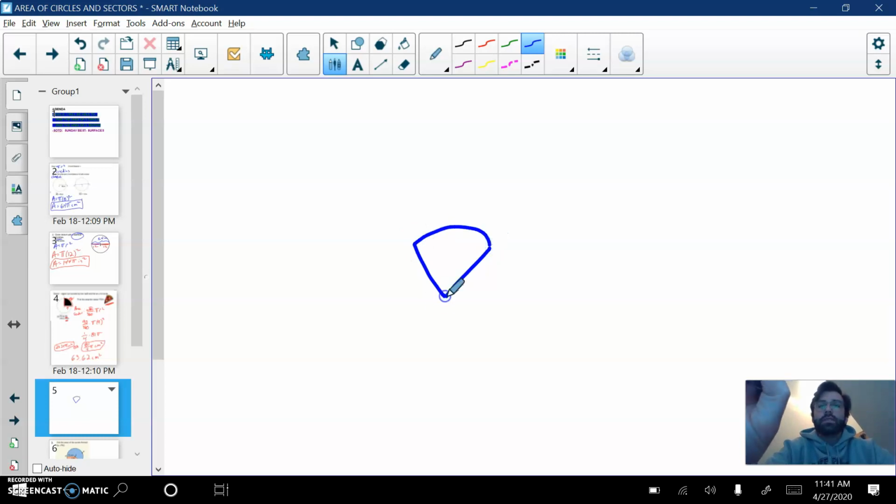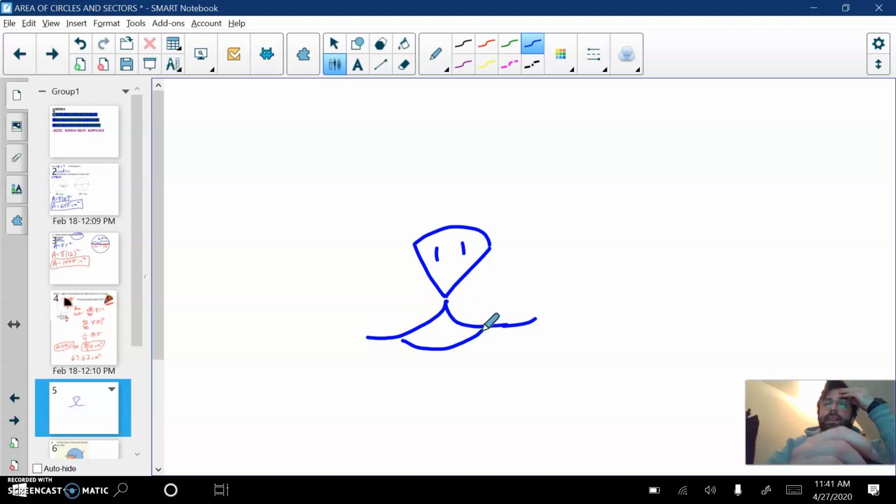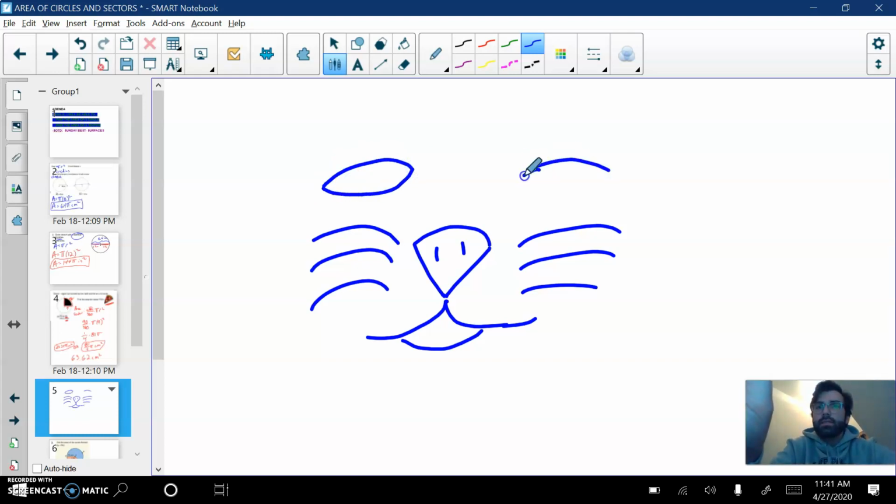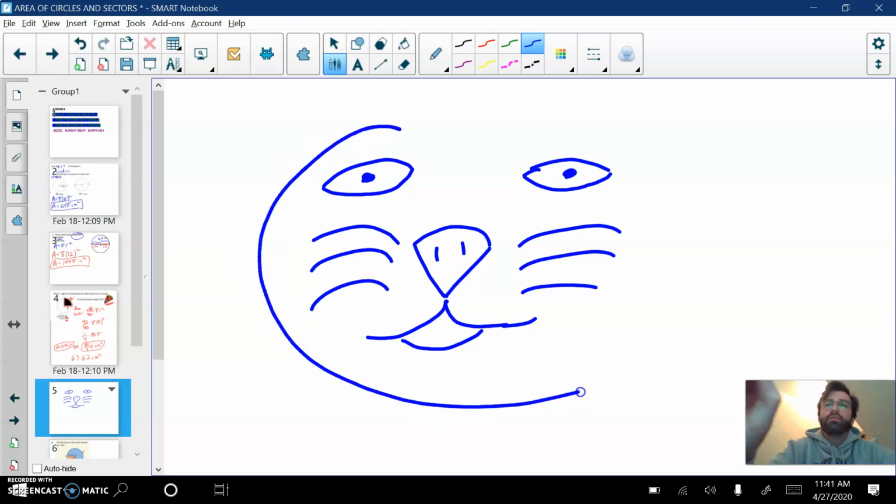Obviously it looks like a piece of pizza, but what it really looks like to me is a nose with a mouth, maybe some whiskers coming off of it, and some eyes. Here's an eyeball. Here's an eyeball. And then a big, nice round face.